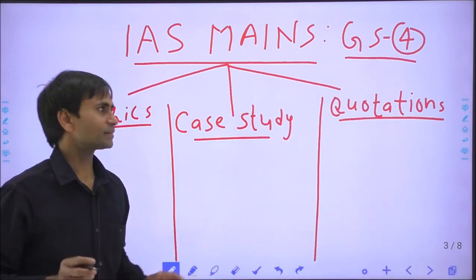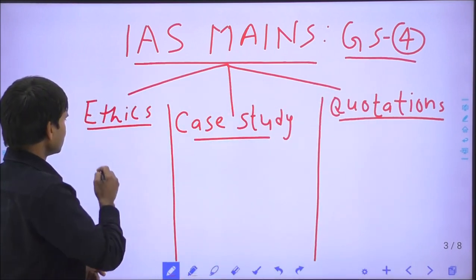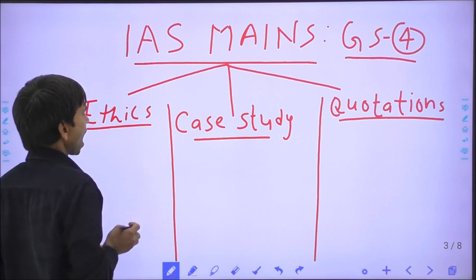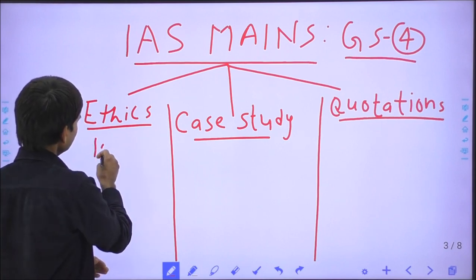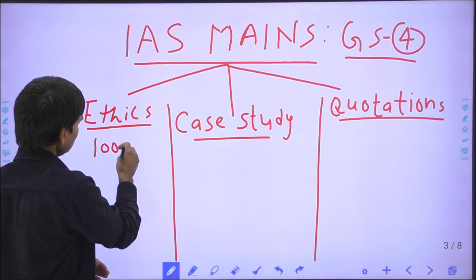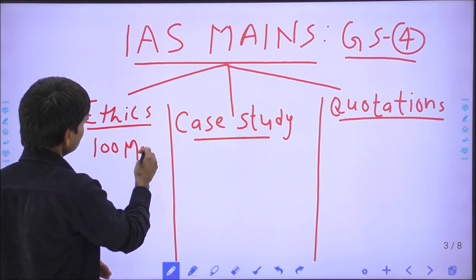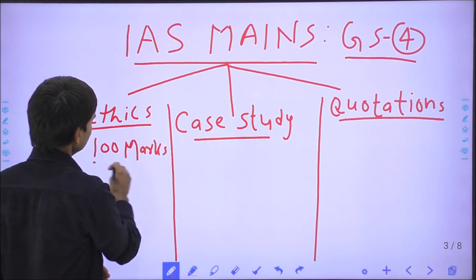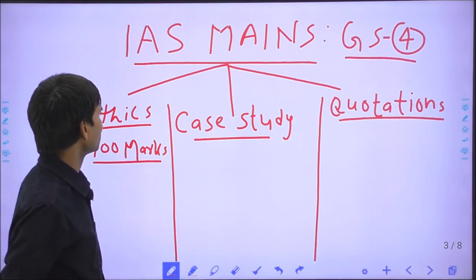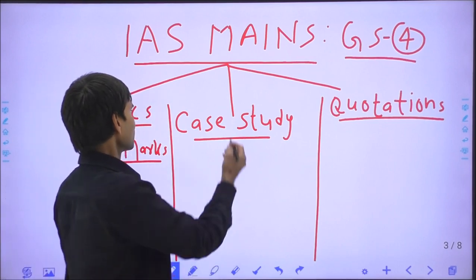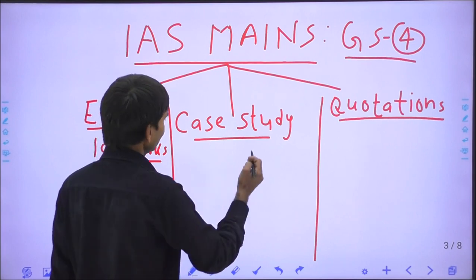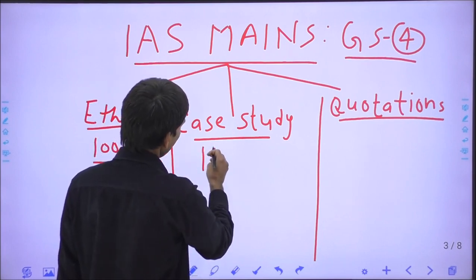The topics of ethics have a weightage of about 100 marks. UPSC has asked questions from this section with a weightage of up to 100 marks, and the case studies weightage is about 120 marks.